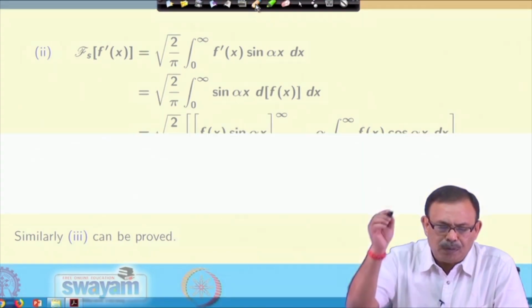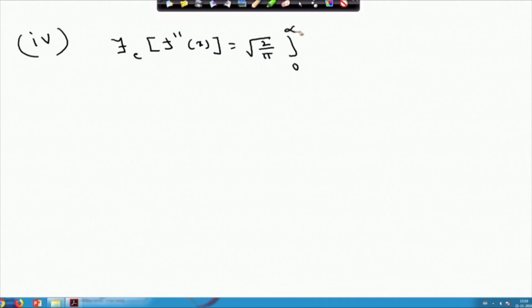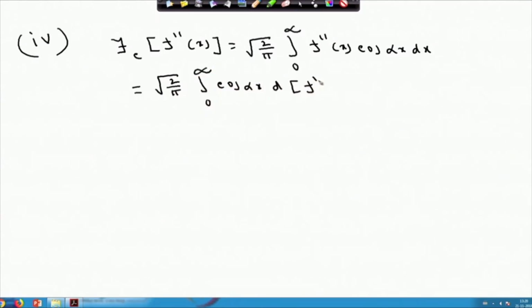Let us see the proof of the fourth one, that is the Fourier cosine transform of f double dash x. This equals root over 2 by pi integral 0 to infinity f double dash x into cos of alpha x dx. From the definition we can tell this one. So, this equals root over 2 by pi integral 0 to infinity cos of alpha x into d of f dash x into dx.